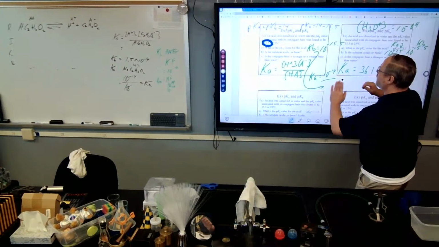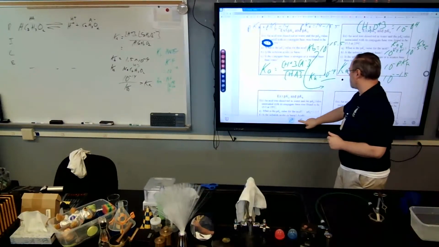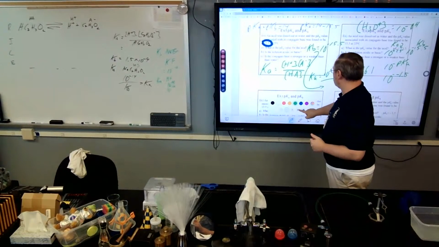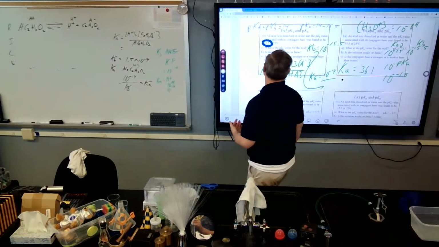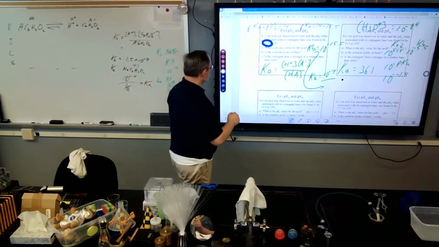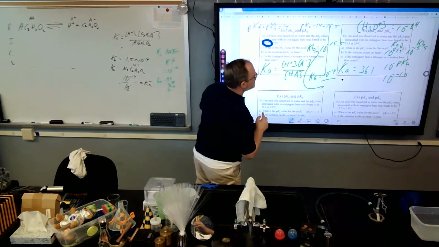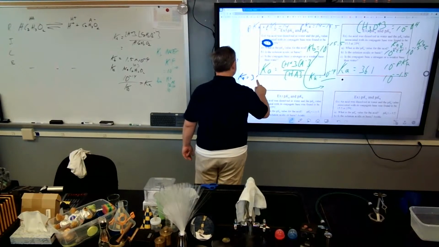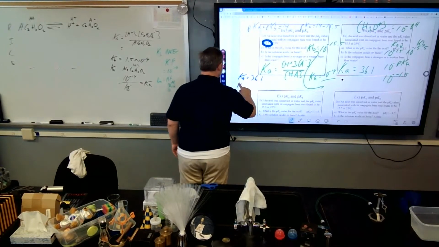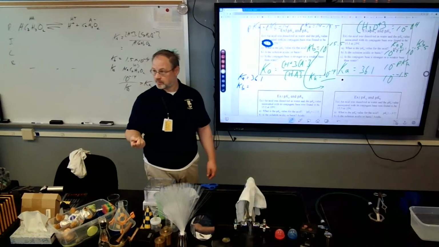I'm not going to erase this, I'm going to use a different color. We will use blue. It's basically asking about the conjugate base of this acid. So if the Ka we solved to be 36.1, now we can solve for the Kb of its conjugate.